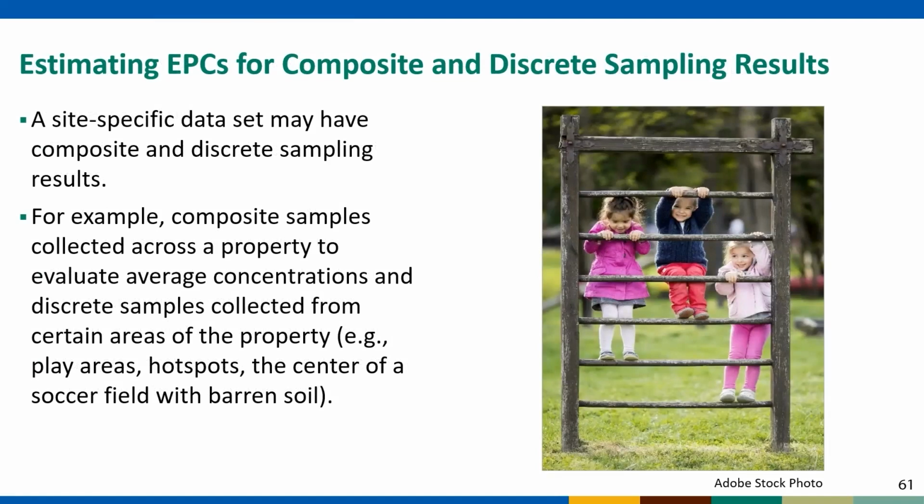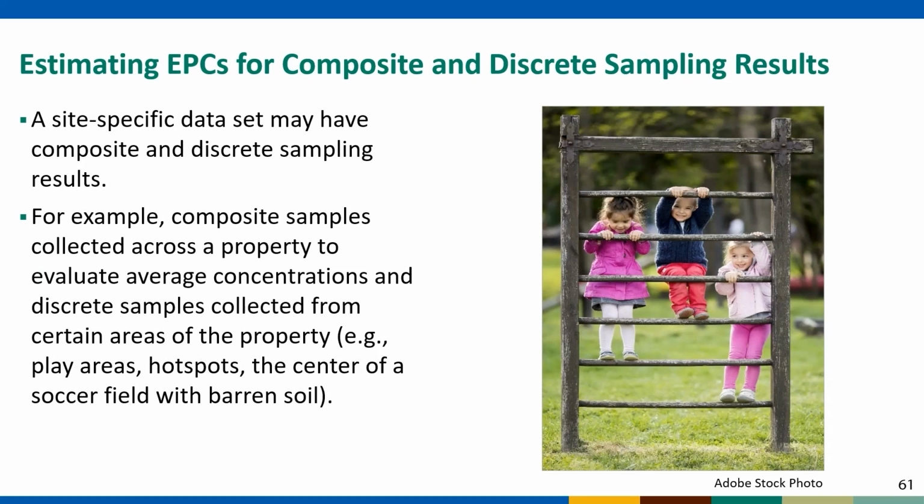I'm going to make a point that sometimes when looking at our data for estimating EPCs, we will encounter both discrete sampling and non-discrete sampling designs at our sites because different organizations come in and do sampling at different times.